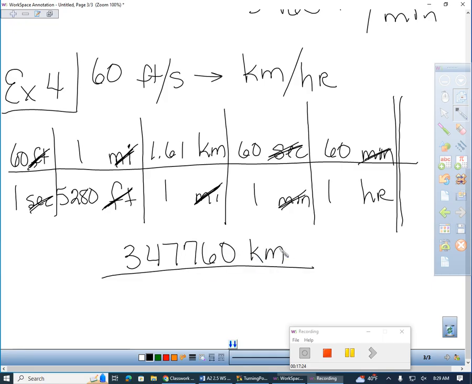On the bottom, we have 1 times 5,280 times 1 times 1 times 1, or 5,280 hours. And now we divide. We get 65.86. That's kilometers per hour.